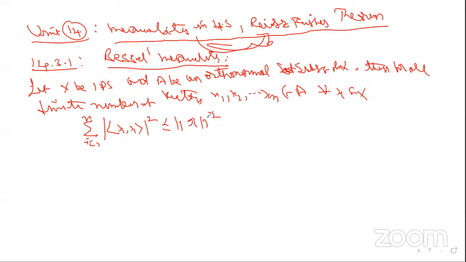This is Bessel's inequality for the finite case. This inequality holds with equality if and only if x is a linear combination of x1, x2, etc.